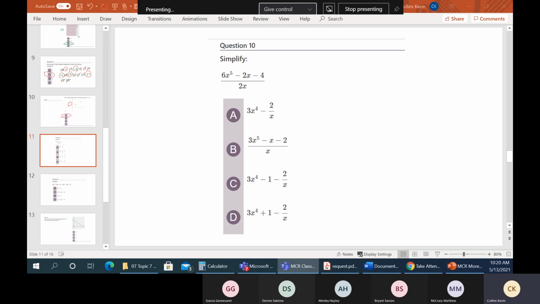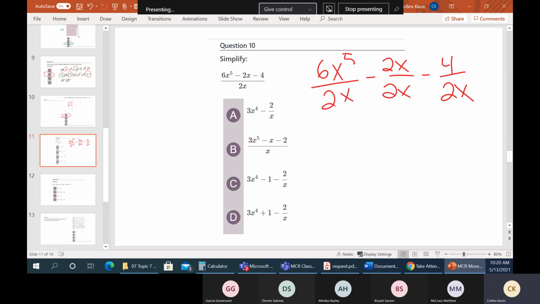Okay, so remember the trick with these guys is to put the 2x on the bottom underneath everybody. So make them individual terms, and then it's a little easier to work with. So hopefully that helps.